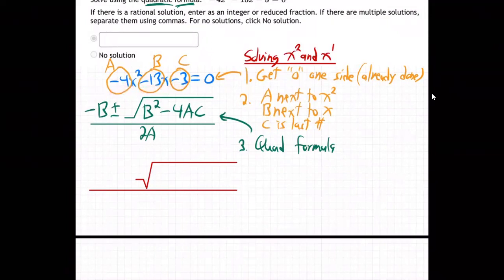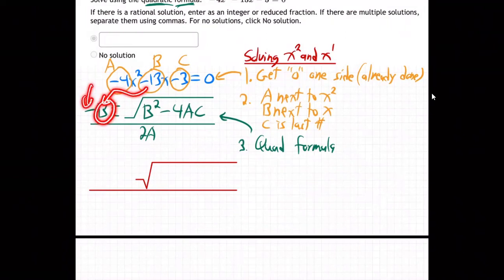Now remember, whenever you plug into a formula, you put parentheses around what you're plugging in. Alexander's question is a good one. I'm going to plug in negative 13 right there for B. And then there's also another negative that's part of the formula. So there's two negatives that are going to make that positive.